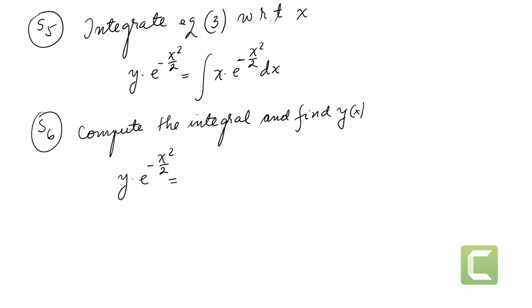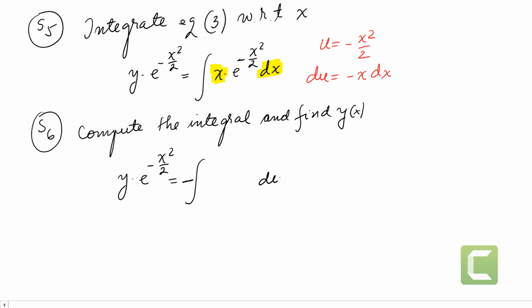Well, one way is to use substitution. So u equals negative x squared over 2, du equals negative x dx. So we basically have the integral of x dx, it's actually negative du, and then e to the u.